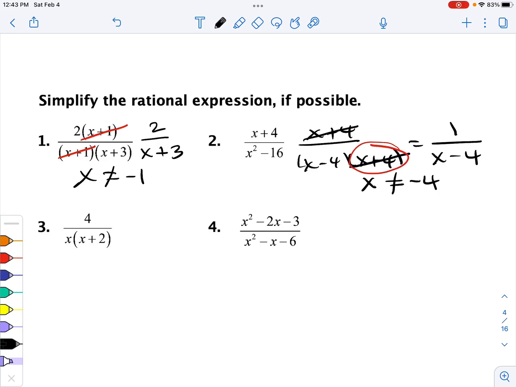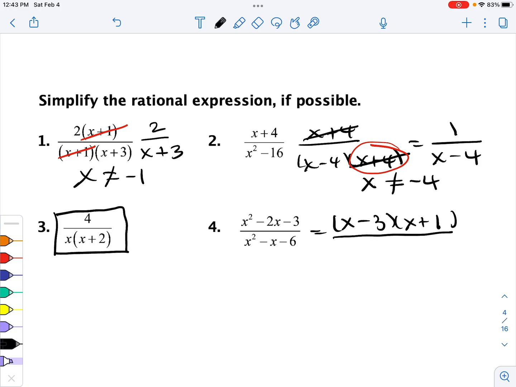Okay, looking at number 3, already simplified. Nothing to divide out there. Okay, number 4. What two numbers multiply to negative 3 and add to negative 2? X minus 3, x plus 1 over, again, what two numbers multiply to negative 6 and add to negative 1?